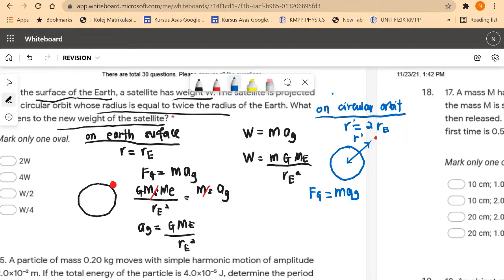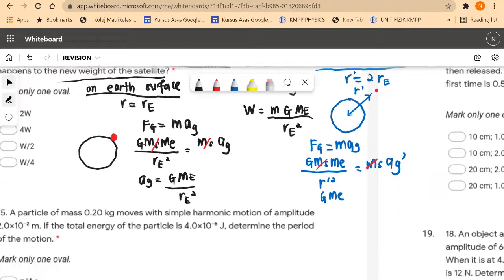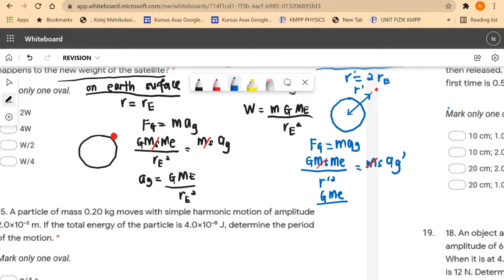So for this one, Fg equals m Ag as well. G mass of satellite times mass of Earth over the new R squared equals mass of the satellite times new Ag. You can cancel the mass of the satellite. Then substitute R in terms of the radius of Earth.